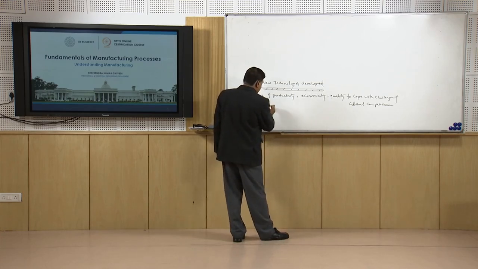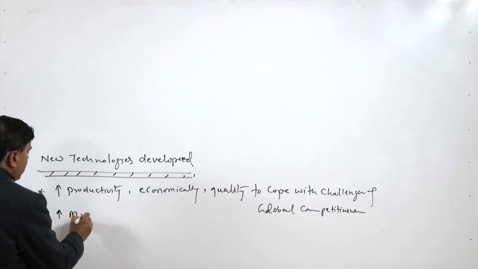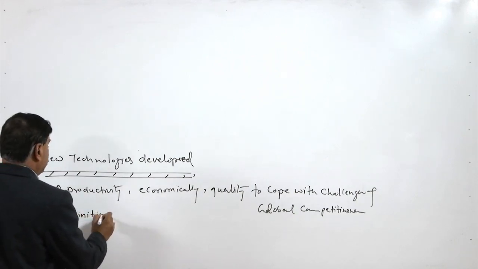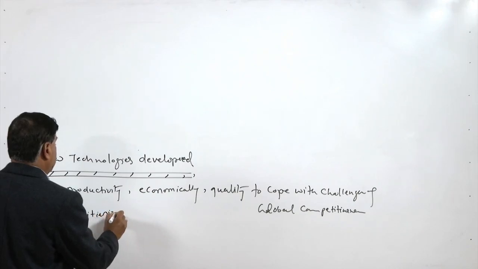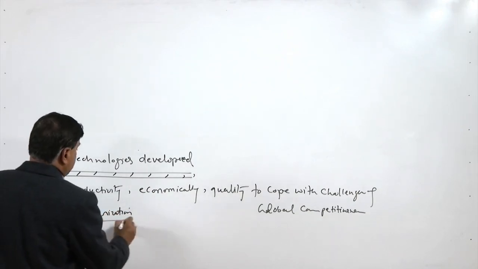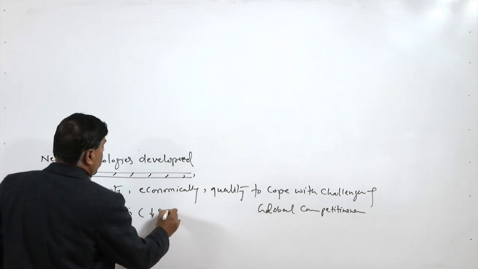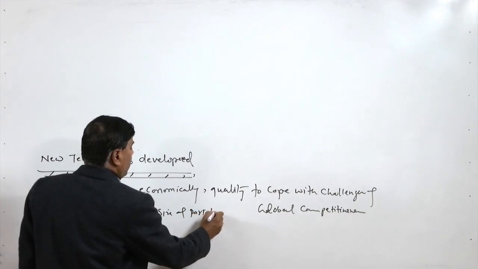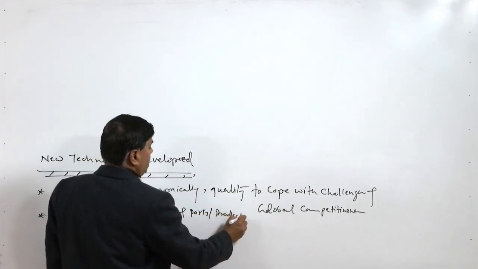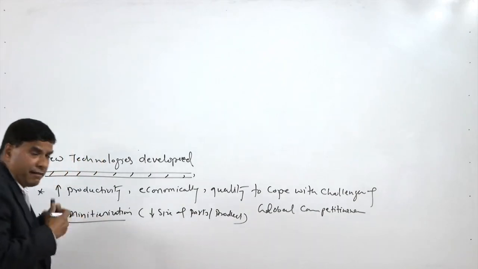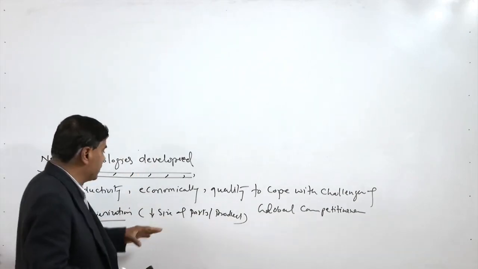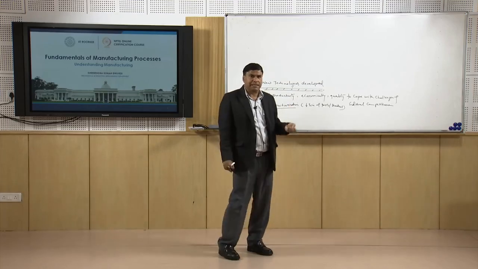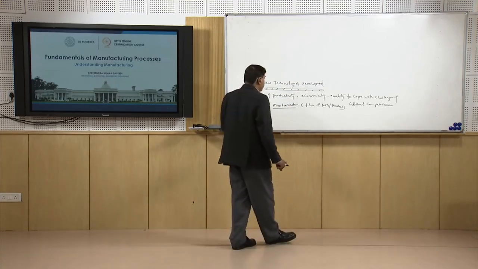The second is the increasing miniaturization. Miniaturization means reducing the size of the product, reducing the size of parts or products. This is another factor which is forcing us to develop the newer technologies, so that the parts which were of the macro scale, of larger sizes, can be made of smaller and smaller sizes.